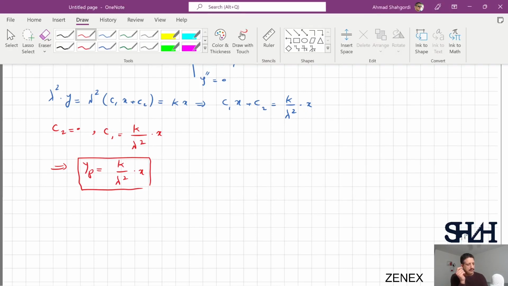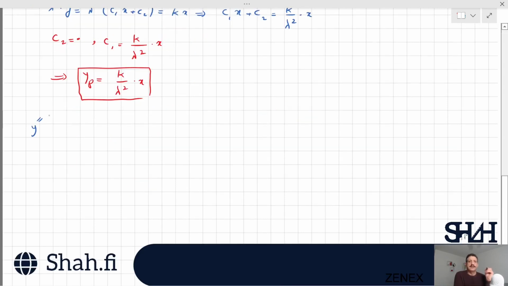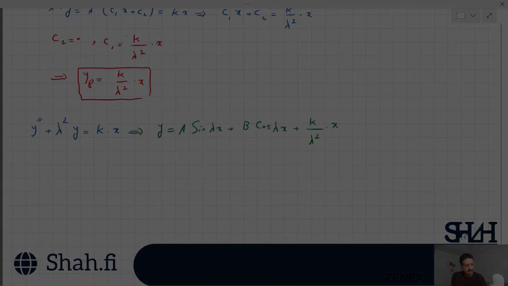So from now, if you see an equation like second derivative of y plus lambda² y equals kx, you can easily write down the solution directly. Y will be a sine lambda x plus b cosine lambda x plus k divided by lambda² times x.